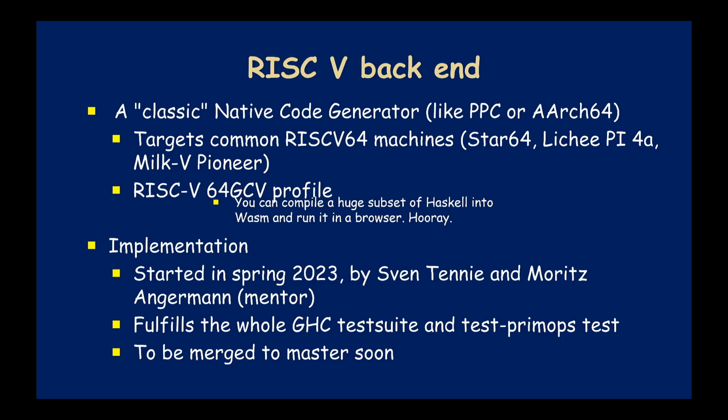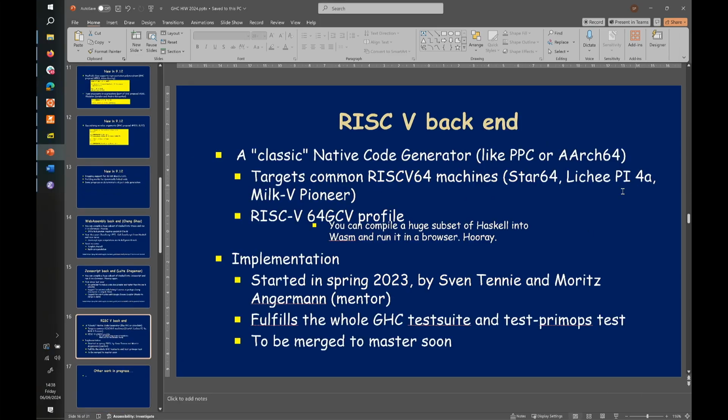Next slide. Another thing I wanted to say, please try it, is that we now have a RISC-V native code generator. This was written mostly by Sven Tenney, a new contributor to GHC. And Moritz wants to say that it's a really nice project that we can have a new contributor make something quite usable.